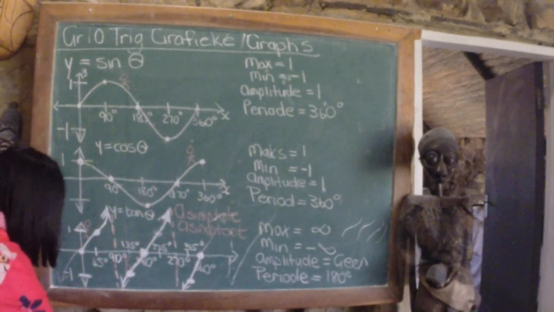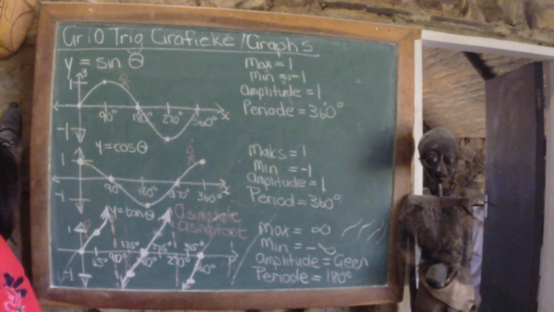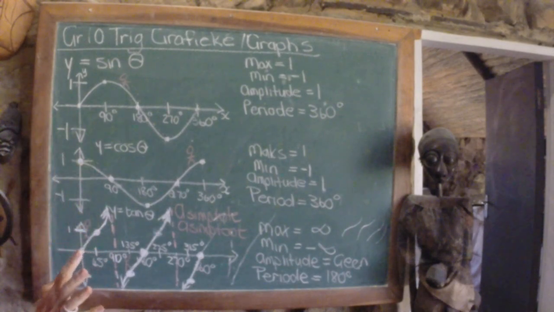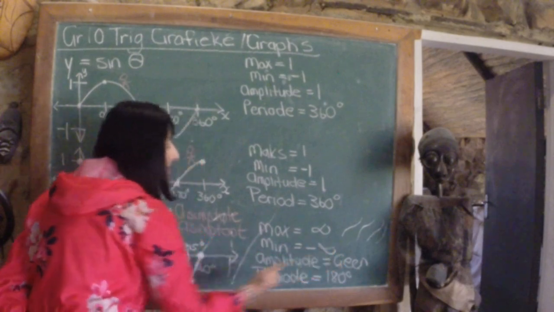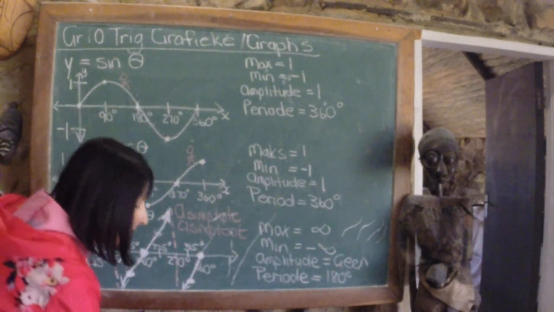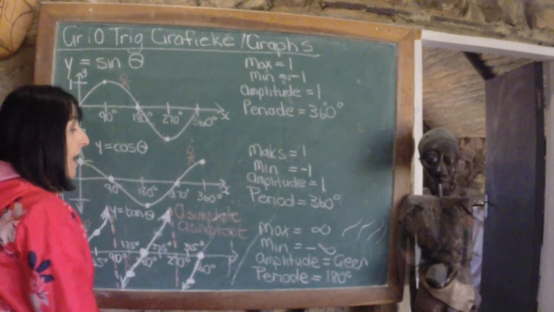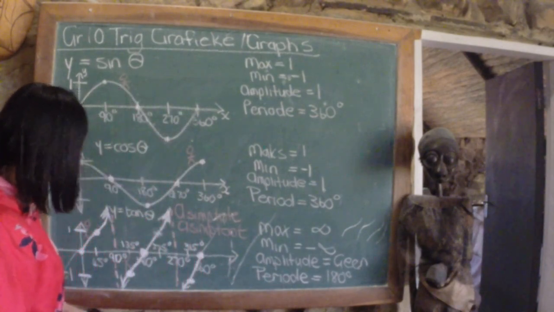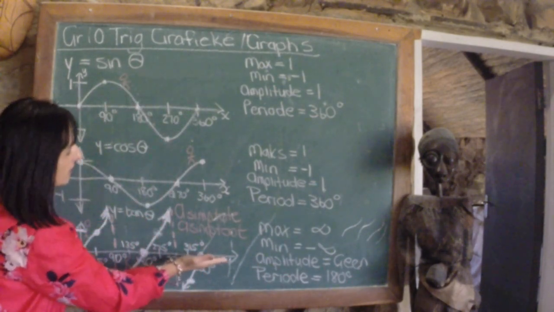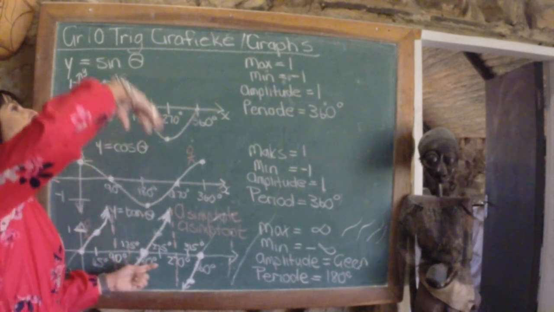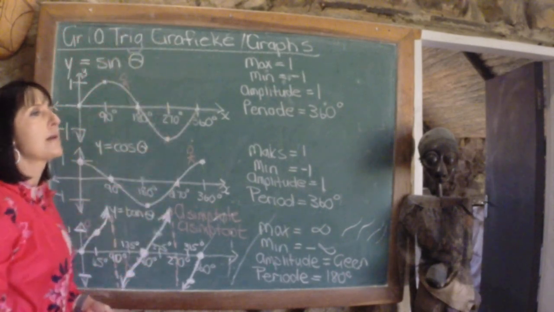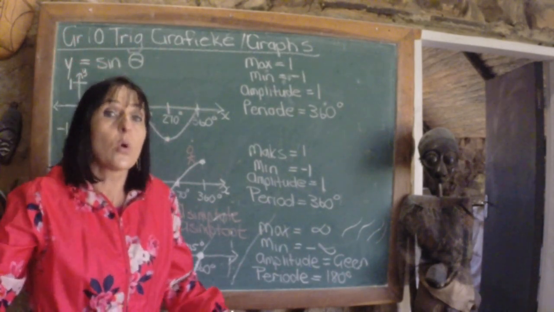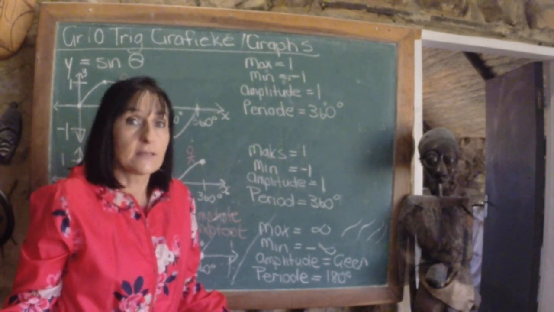The minimum value, it goes down and it desperately wants to touch the asymptote, but it never touches the asymptote, but it goes to -infinity. Down. The amplitude, as ons hom nou wil meet, van die horisontaal tot waar hy sy maksimum bereik, then I can't, because I don't know where infinity is.